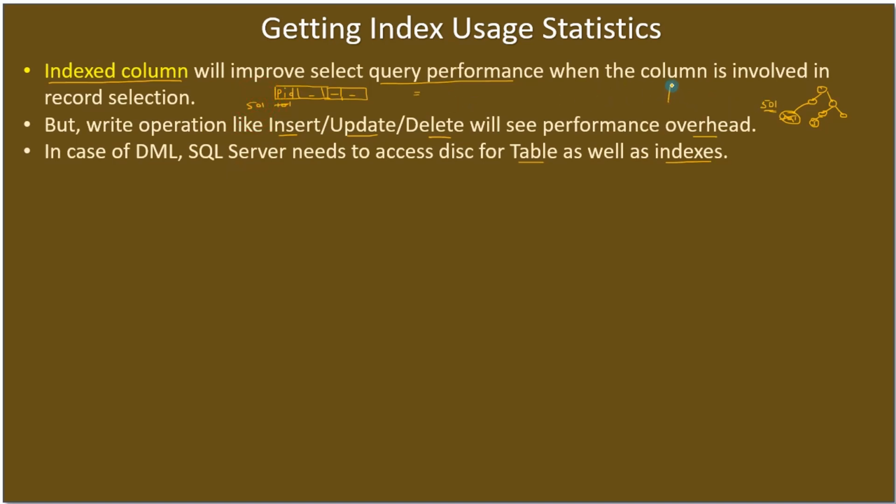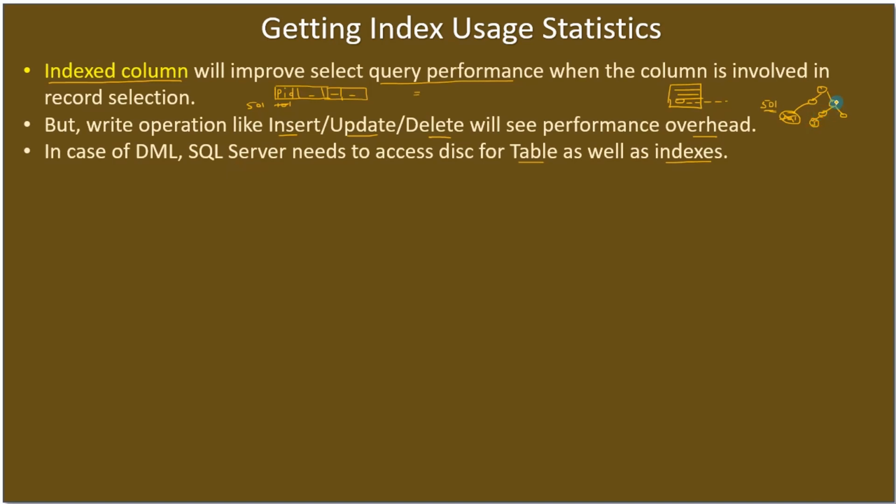One is it should go to the page file, find the record and update that specific entry with 501. That means erase 101 and put 501 here. There will be other columns here in the page file. Then you should go to the index also, remove this node and create a new node. Even though it's a modification, since the value is changing, it needs to adjust the tree, right? So 501 will go to a different level.